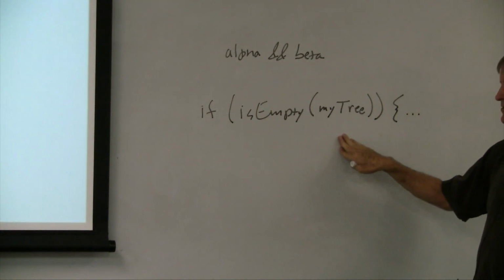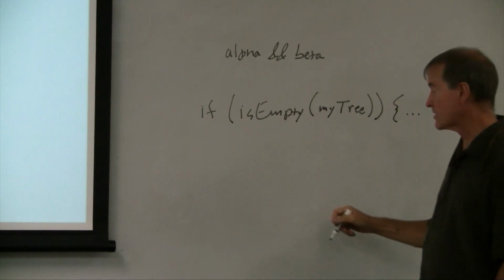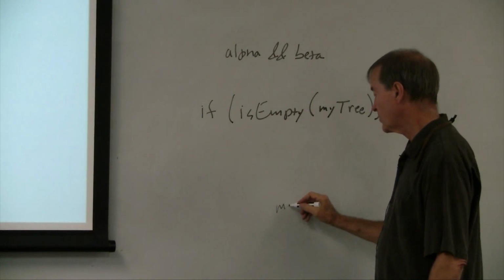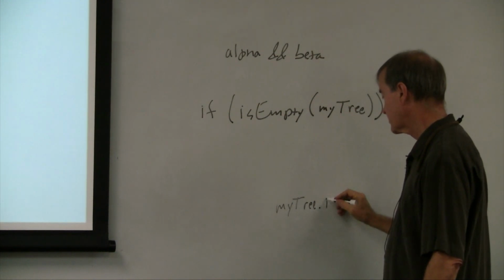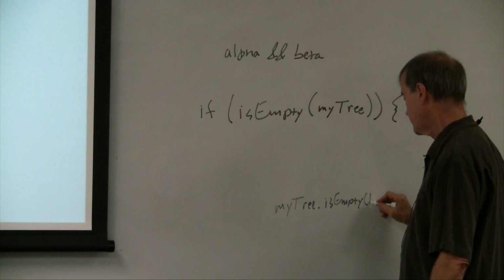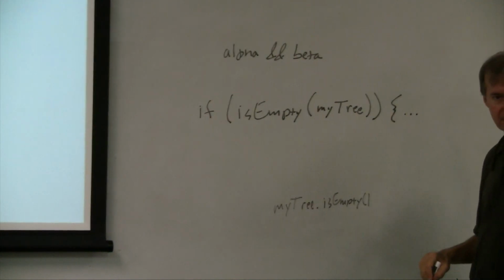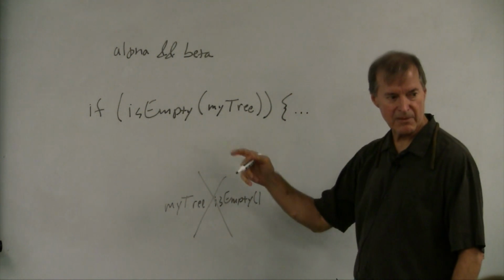So this is how we use the convenience function. Notice that we do not use the convenience function this way. We do not say my tree dot is empty. Is everybody clear on that? Okay, we don't do this anymore because this is not a method.